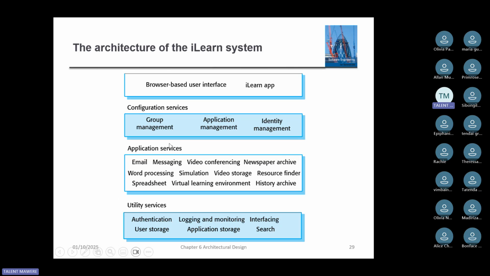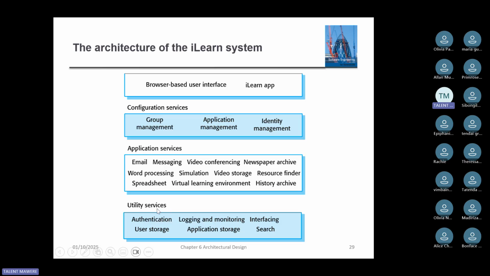And then the layer below the configuration services is the application services. Here, within this application, there are services such as email, messaging, video conference, all those kinds of applications that are provided by any typical e-learning system.